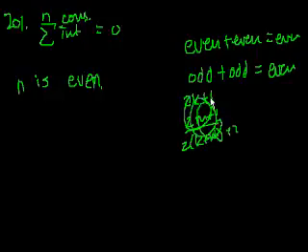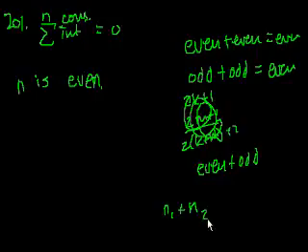And so the only way you're going to get an odd number is if you have an even plus an odd. So we're summing n consecutive numbers. Let's call it number 1 plus number 2 plus number 3. Let's think about it a couple of different ways. If this number is odd, then this number is obviously even, and then this number is odd.